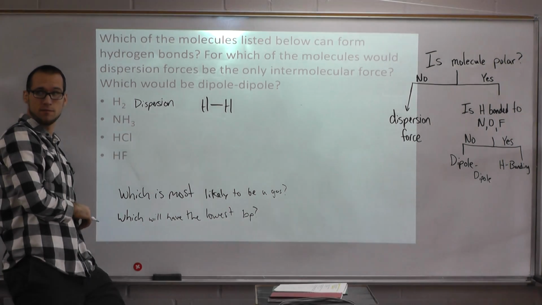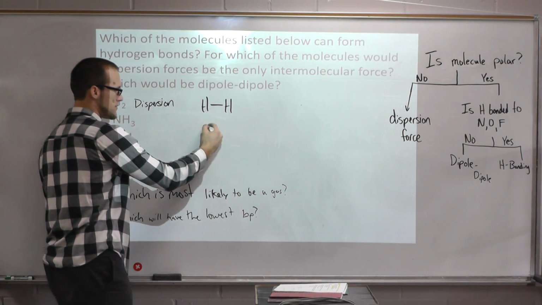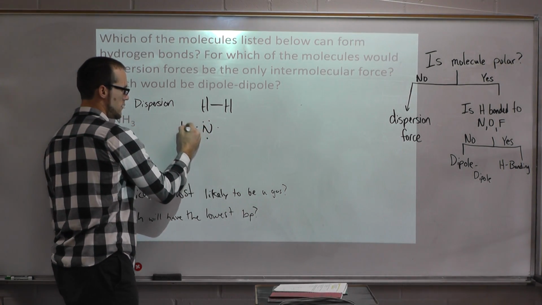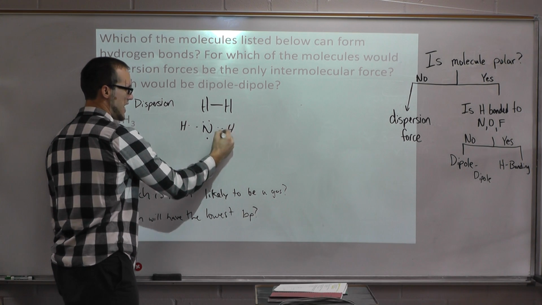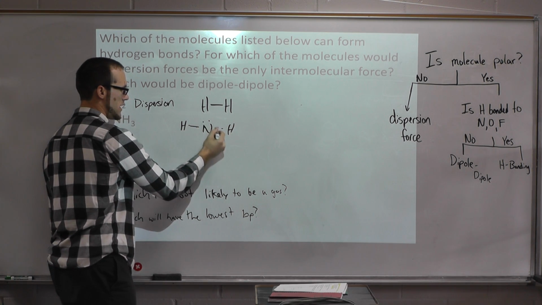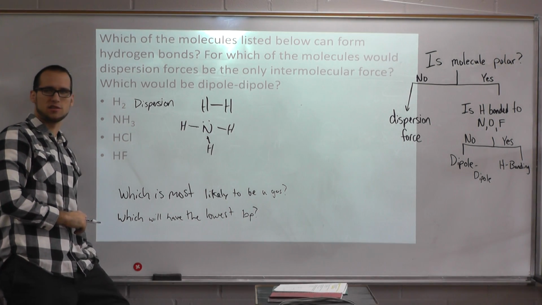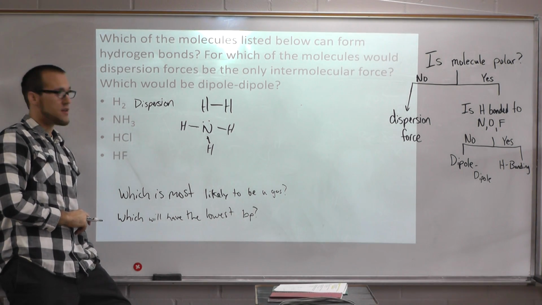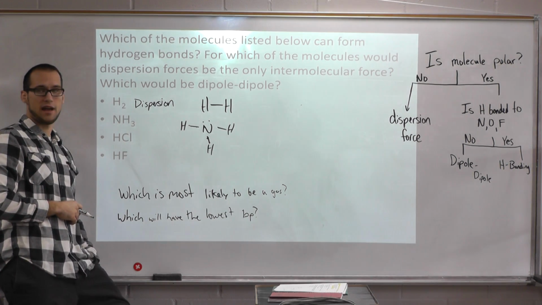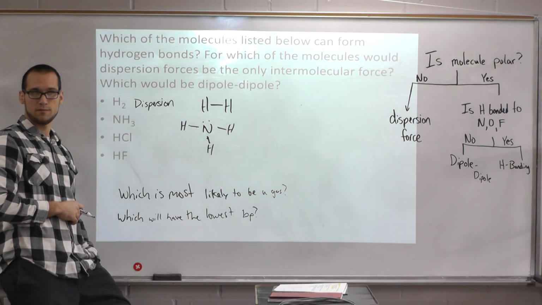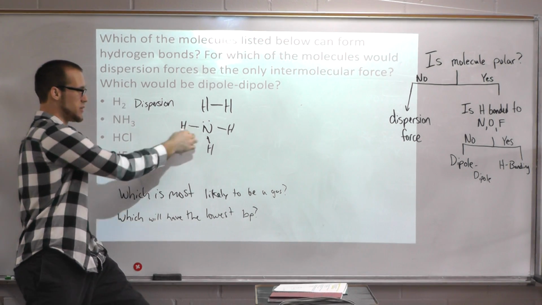Make sense? Okay. If you were to do this one, Lewis structures, again, pretty important. Voila. It doesn't follow the symmetrical test, so it has to be polar. Is it hydrogen bonding or not? Yes. It's hydrogen bonding because you have NOF.